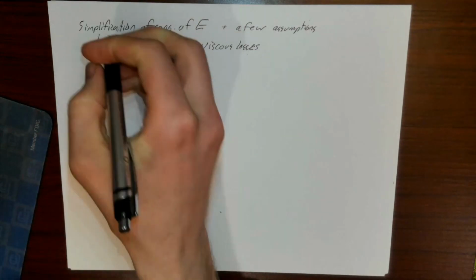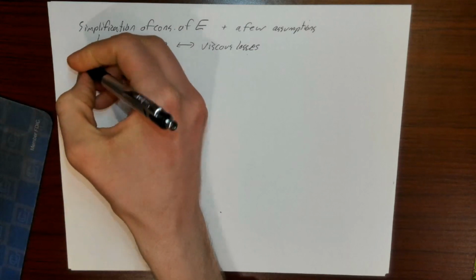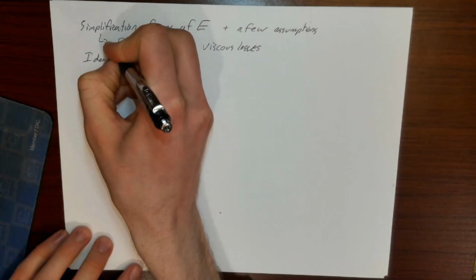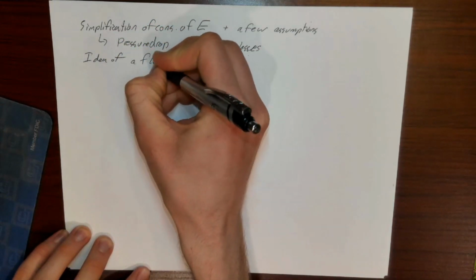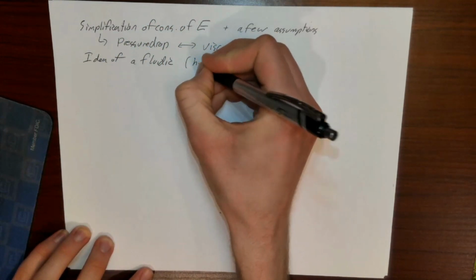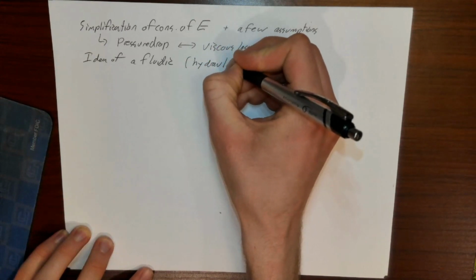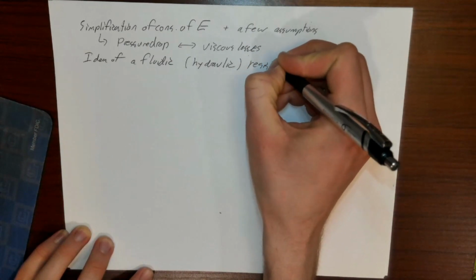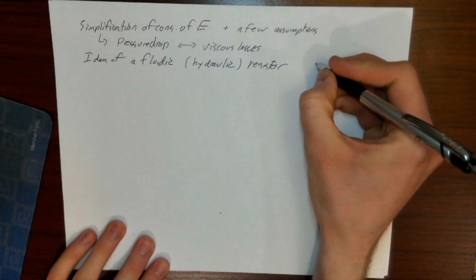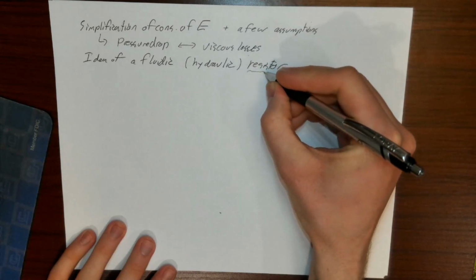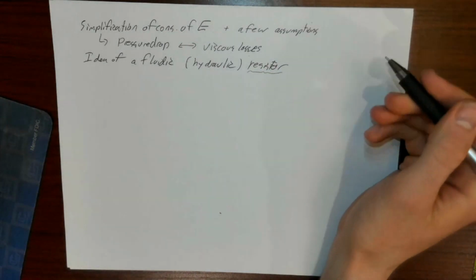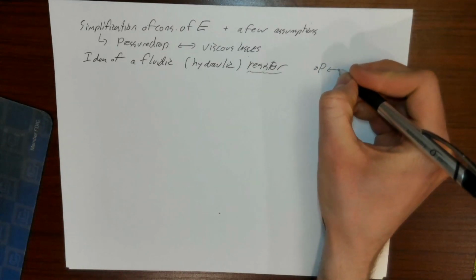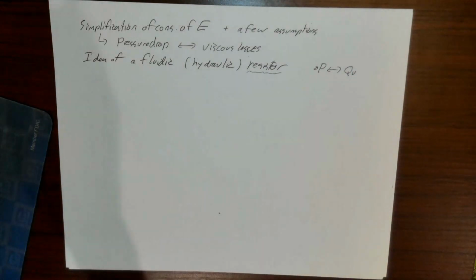Then we'll take a step back and talk about the idea of a fluidic resistor, or sometimes people call them hydraulic resistors. And basically it's something that we could sort of treat, and it turns out it has analogies to electrical engineering. We can basically relate pressure drops to volumetric flow rates through a fluidic resistance or a hydraulic resistance.